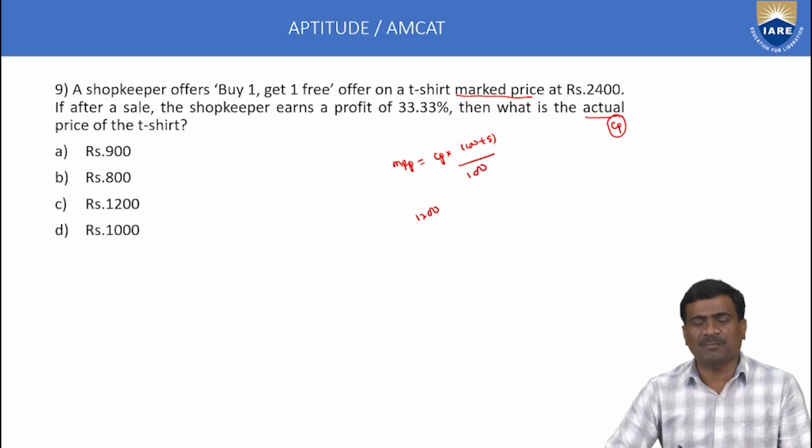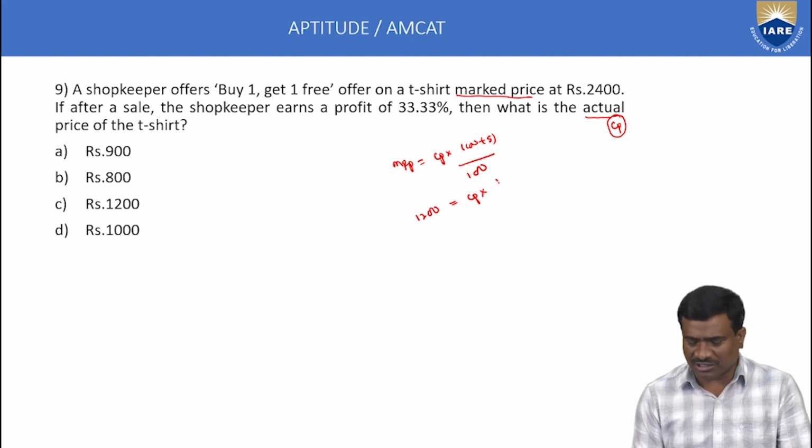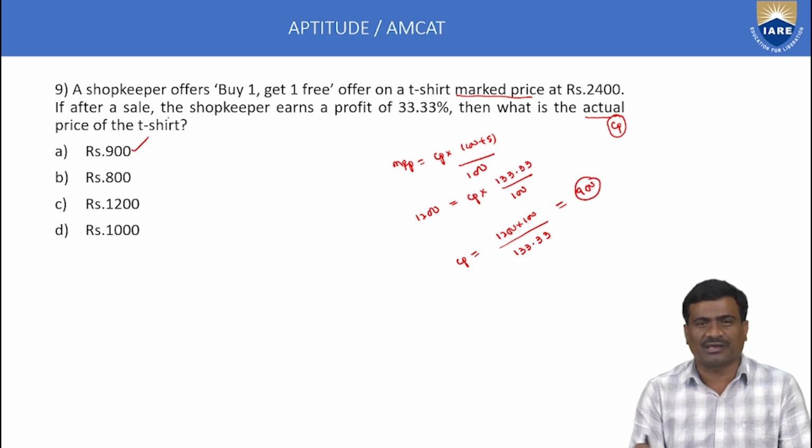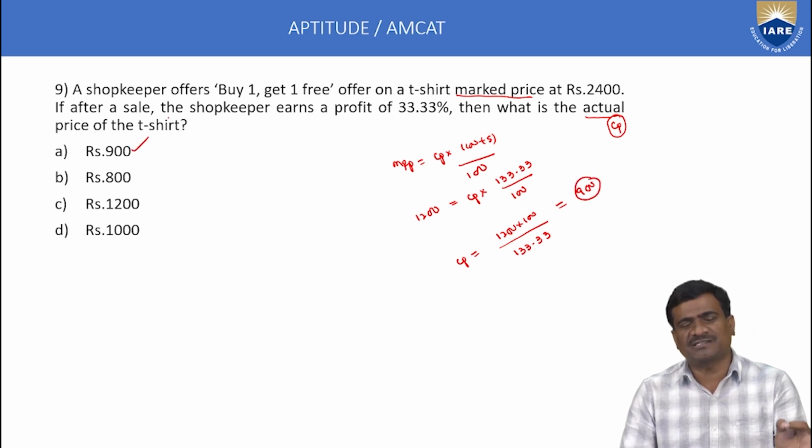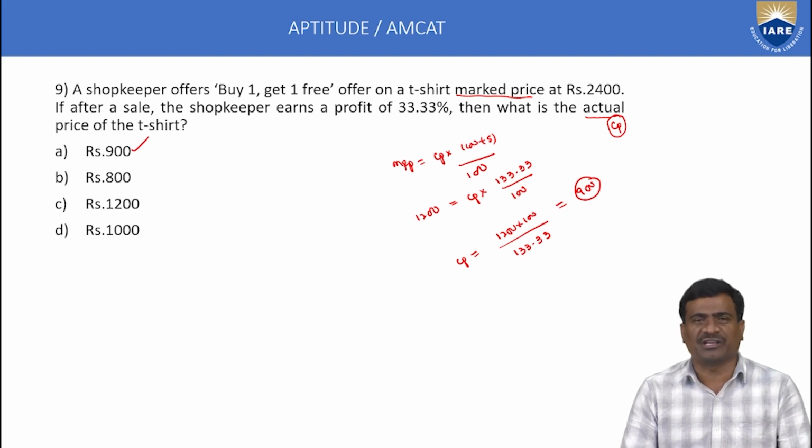Here the MRP is 1200. Calculate the cost price of the t-shirt where G is 33.33, that is 133.33 by 100. The cost price is 1200 into 100 divided by 133.33, which is equal to 900. Option A only correct. Here the actual price means the cost price of the t-shirt.